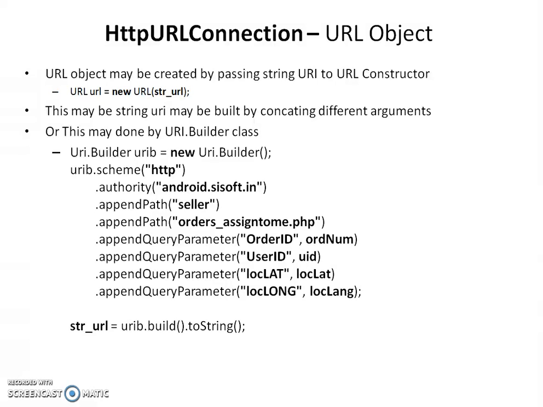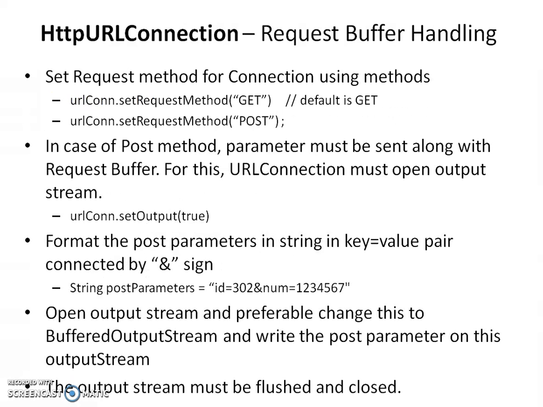Having got the URL, now we can get the HttpURLConnection, and having got it, we need to see how we are going to handle the request buffer. For the request method, you will have to set what kind of request method it is.